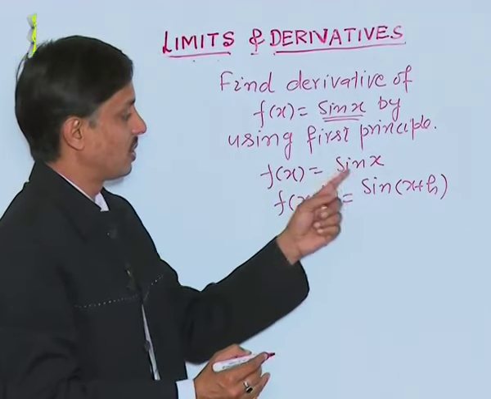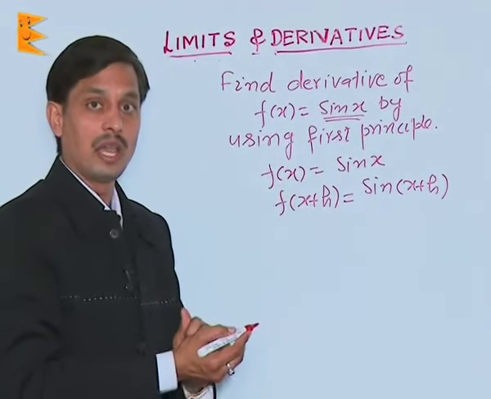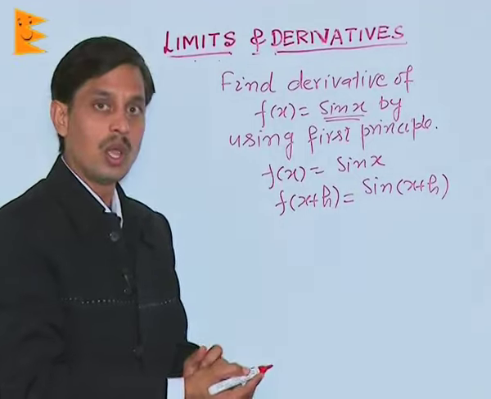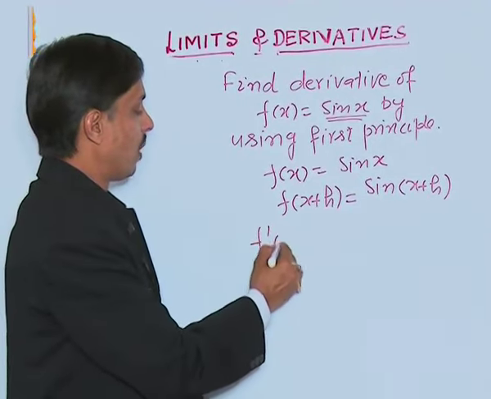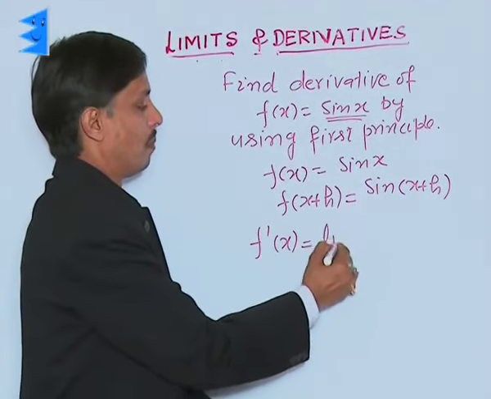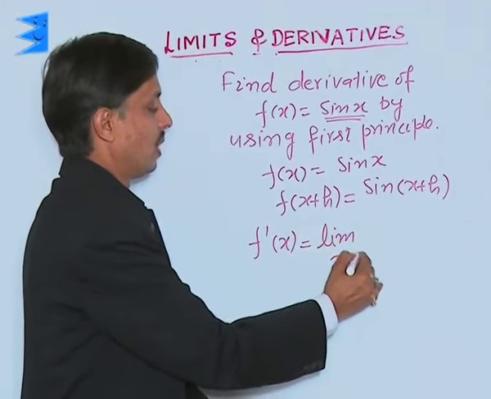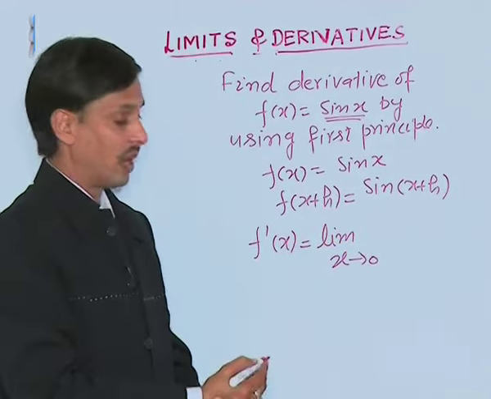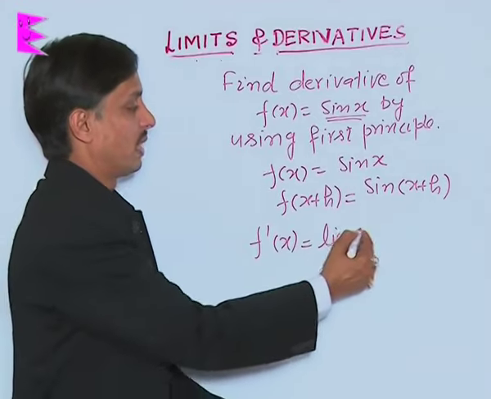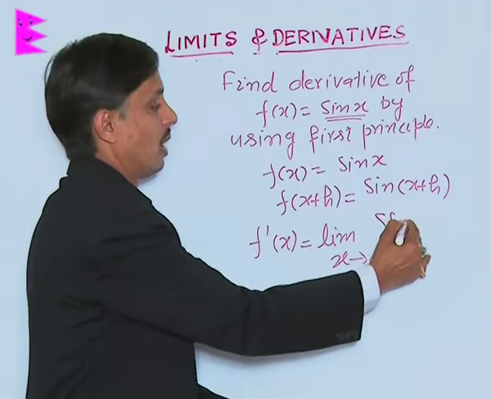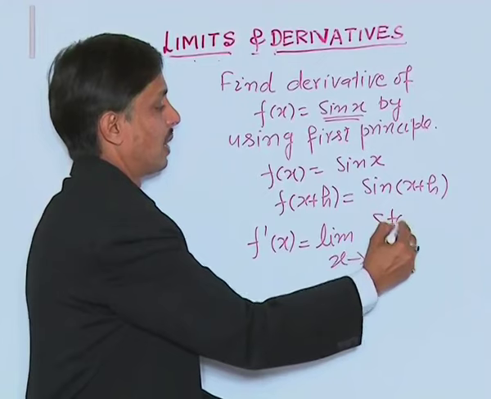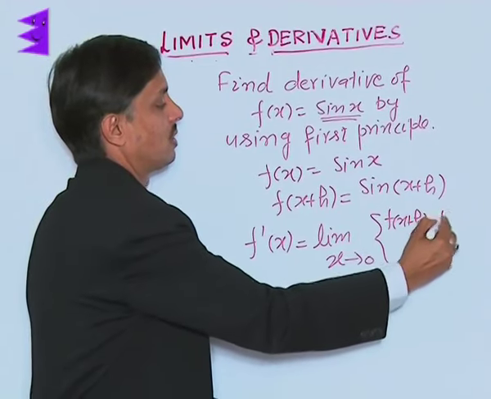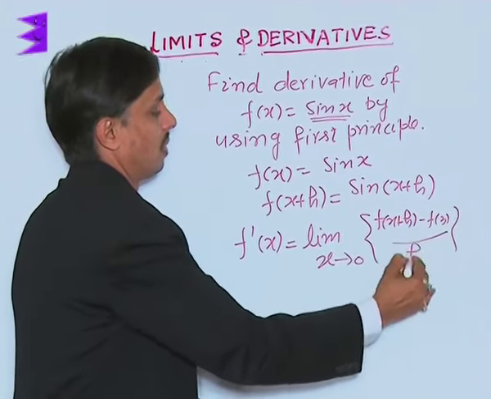That is, if f(x) is given, we need to calculate f of x plus h also, because the derivative of any function by the first principle is given by f dash x equals the limit as h tends to 0 of f of x plus h minus f of x upon h.